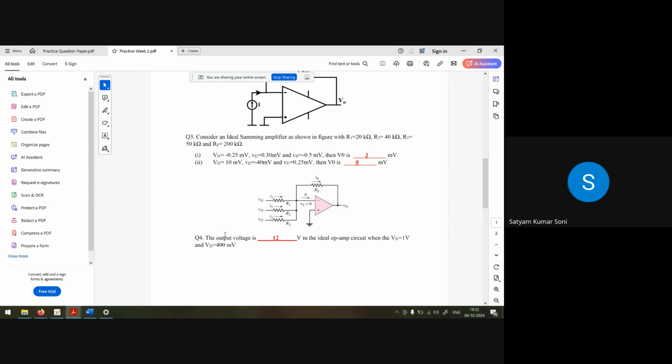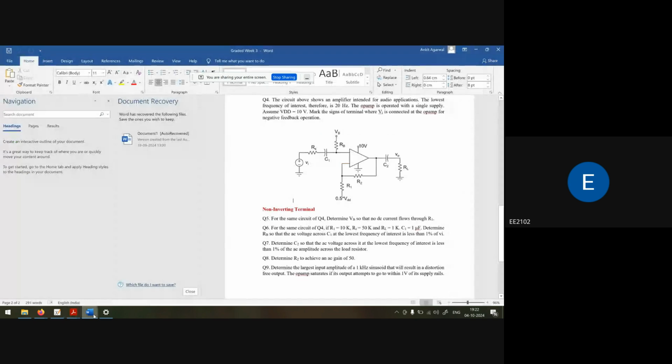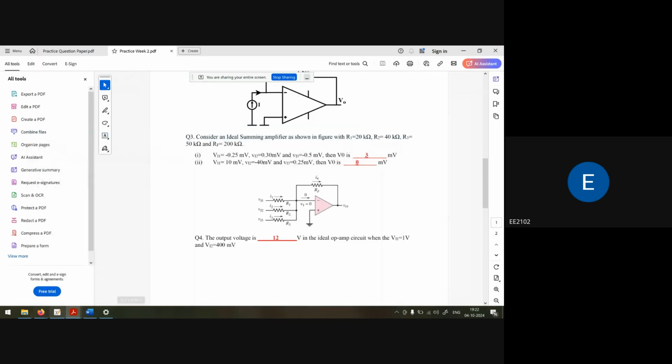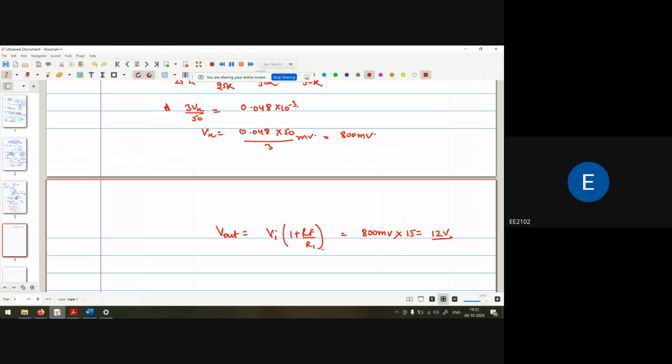Answer in question 3, part 2. How is the Vout 0 millivolt? Again, you are taking this as the summing amplifier, so the formula is, what is the formula?